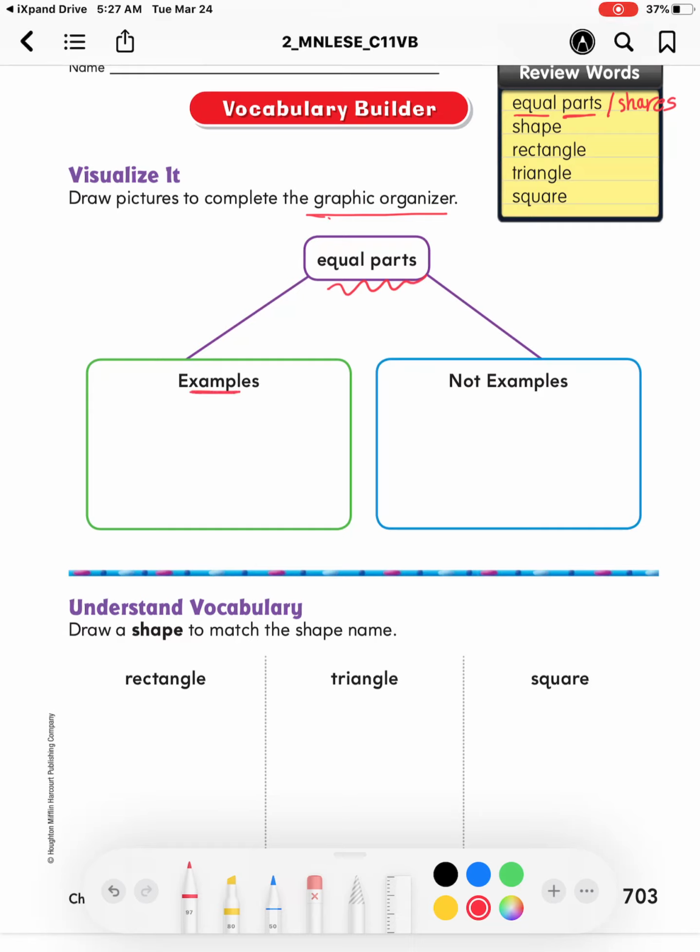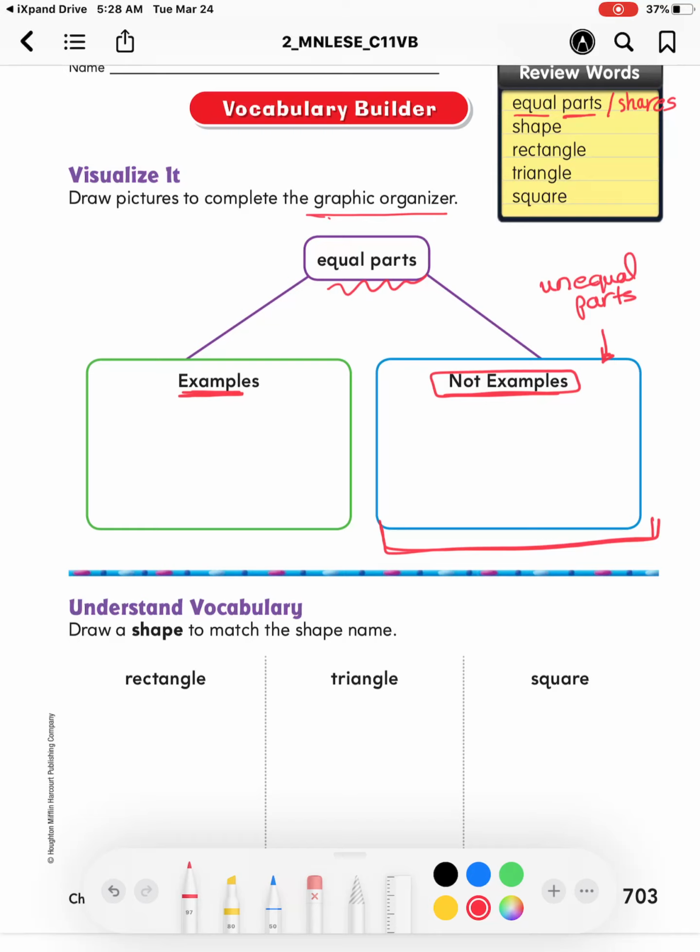Equal parts, we should draw here examples for equal parts and not examples. What do we mean by not examples? We mean we are going to draw here shapes that resemble unequal parts, which would make this part not an example for the equal parts.